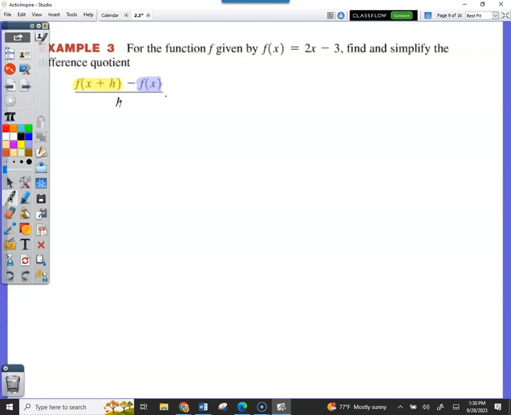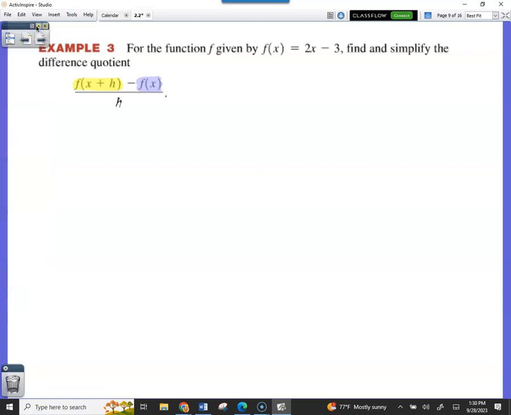All right, so here's what it looks like. Come over here, and let's write it. Y'all know me, I like to be thorough, so I like to write what I'm working with right here, and then I can see to myself, okay, that's my formula. I'm going to find f of x plus h first, because it comes first.